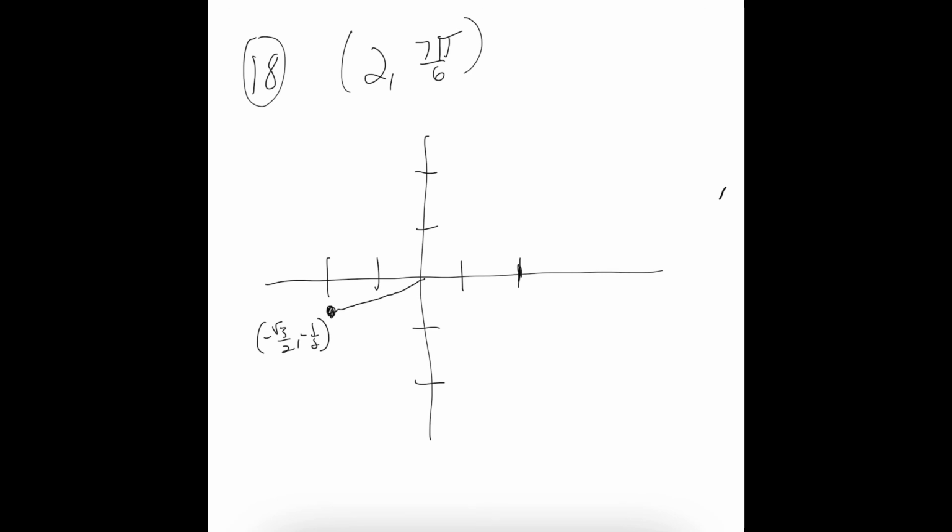And so we're going to multiply these coordinates by 2. So if I multiply 2 times negative root 3 over 2, I get negative 2 root 3 over 2, which is just negative root 3. And if I multiply 2 times negative 1/2, that's negative 2 over 2, which is negative 1. So my answer for number 18 is negative root 3, comma, negative 1.